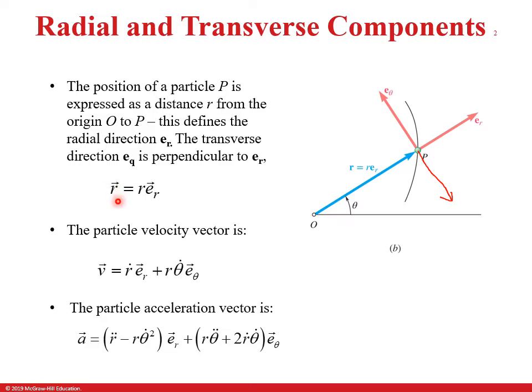But anyway, the r vector, this is a position vector, is r times E sub r. That's this in blue. E sub r is a unit vector. The italicized r is a scalar quantity. So the position r equals just the scalar quantity multiplied by that unit vector.